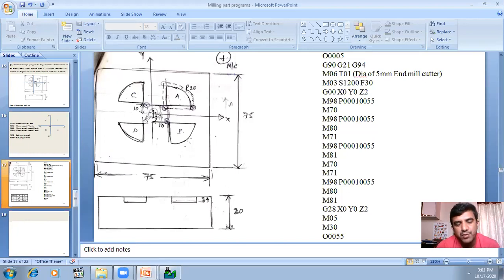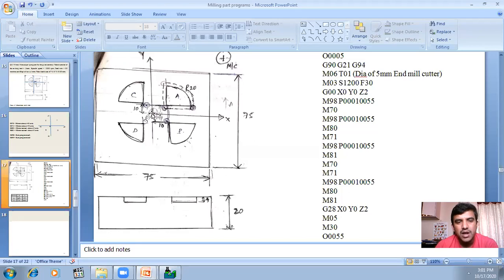In the previous four programs, what origin of the workpiece did you consider? The bottom left corner is the origin we considered. But here the geometry is symmetric, so I will take the center of the workpiece as the origin.